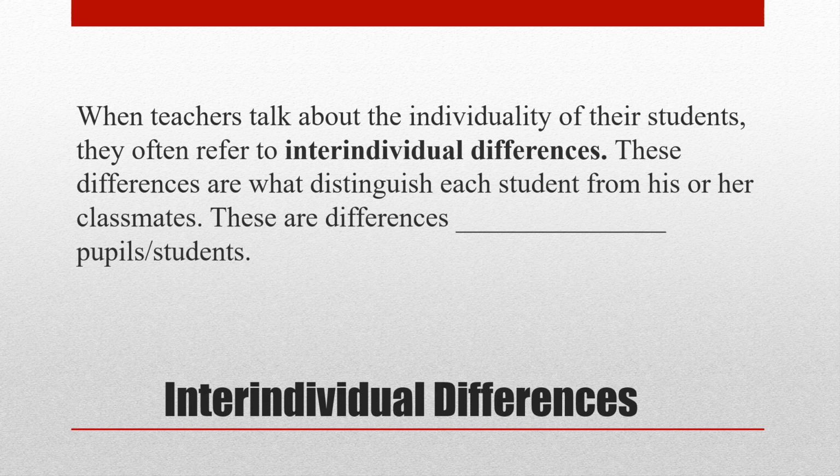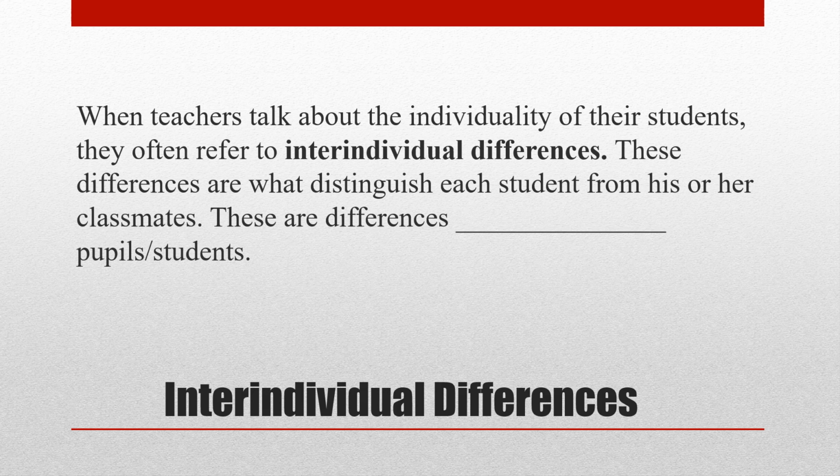Now, what word or words do you think will complete the sentence about inter-individual differences? The words there could be between or among. Inter-individual differences are differences between or among pupils or students.